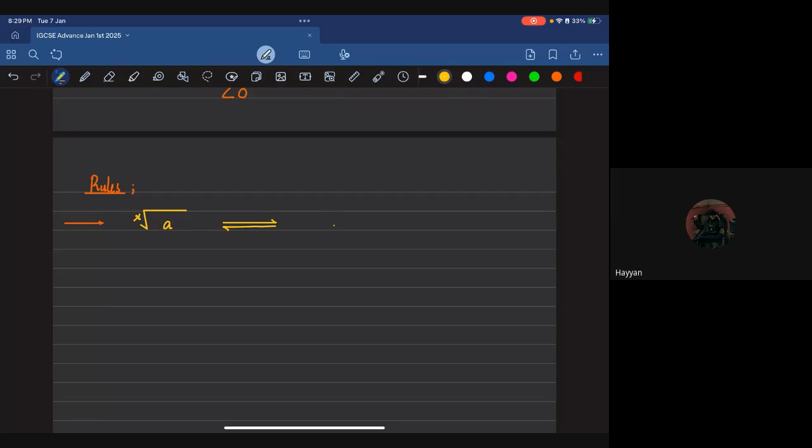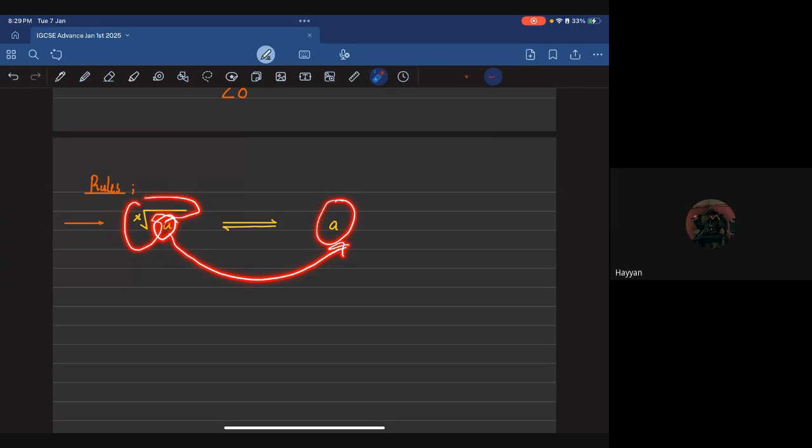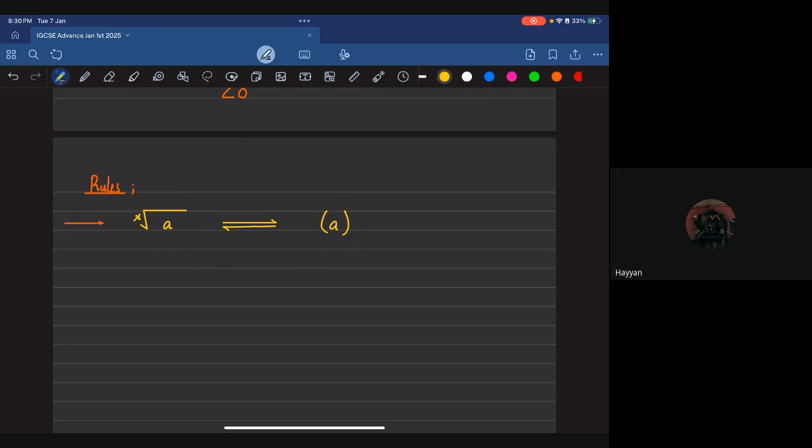How are you going to do that? The base is going to remain the same. If there's a root on top of a base and I write it in terms of powers, what is the power equivalent to the root? Simply take the whole power and put 1 over x.